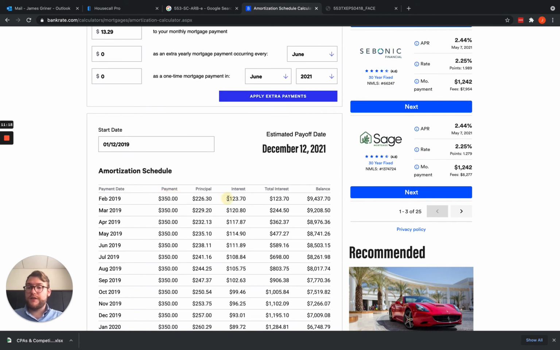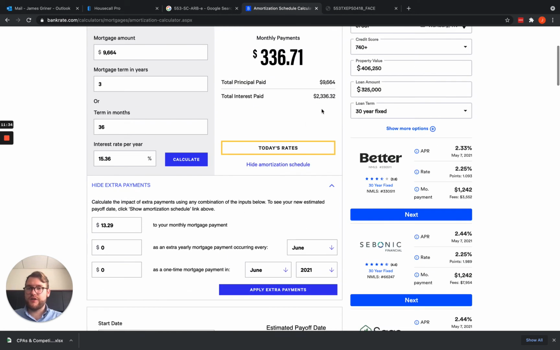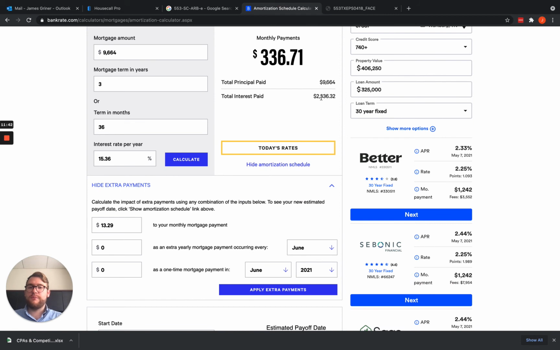You'll notice that the interest payment doesn't change at all, but your principal has gone up by $13.29, which means you're paying that $13.29 directly against principal. This means ultimately you will pay less in interest. If we come back over here and look, that original $24.57 in interest, now you're only going to pay $23.